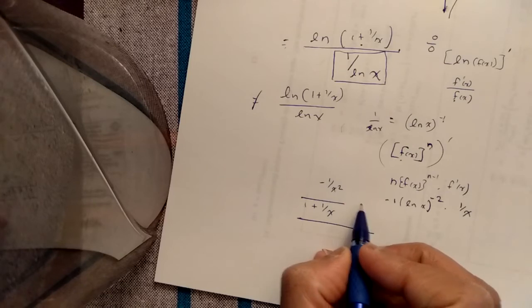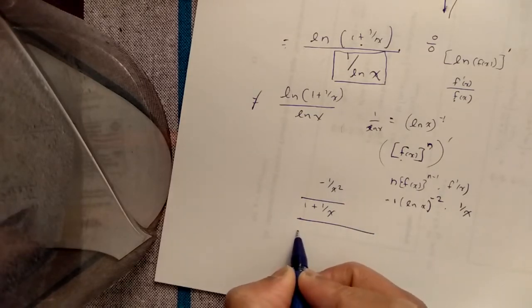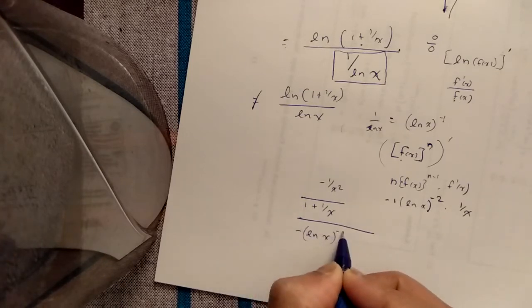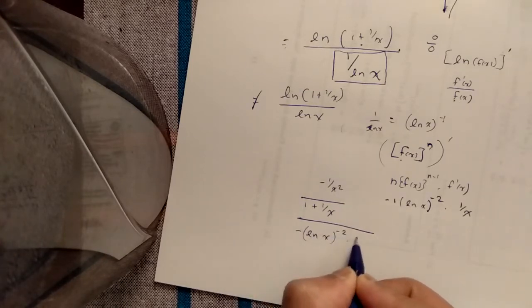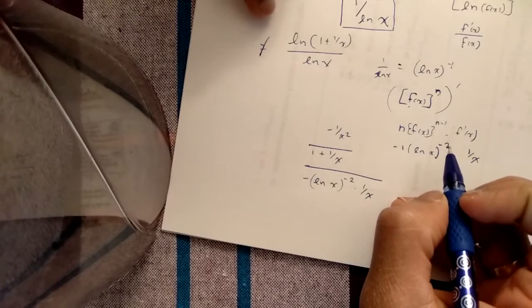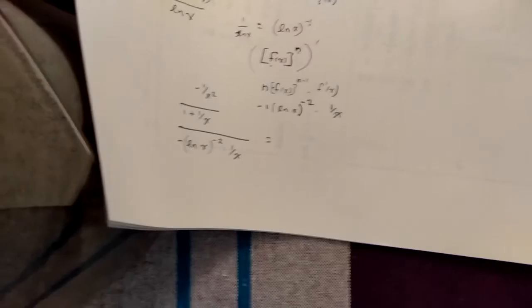So there we will have negative (ln x) raised to power 2 divided by 1 over x. And then we can simplify it a little further.